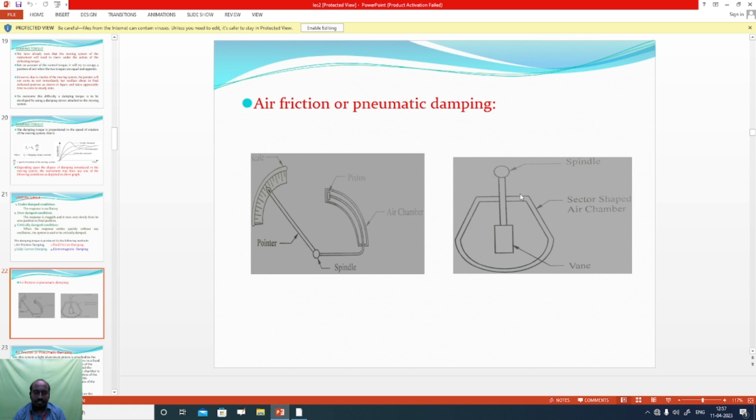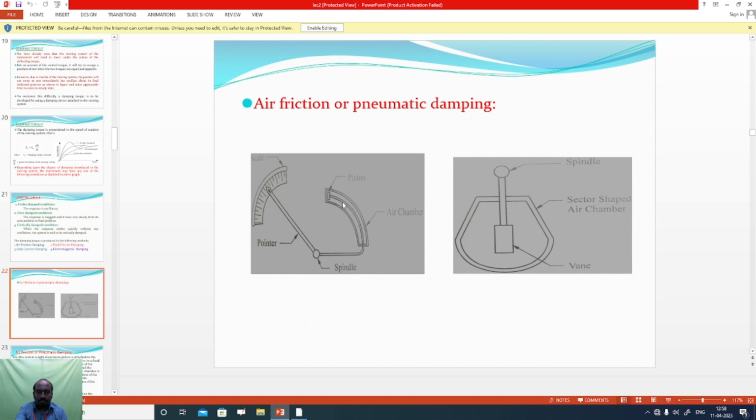In the first one, on the left hand side diagram, we can see the pointer which moves over the scale is connected to the spindle, while the spindle is connected to the air chamber. Inside the air chamber there is a piston. As the pointer moves, there is a movement of the piston upwards and downwards.